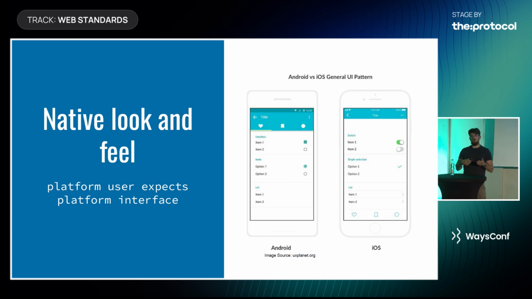Okay? So each platform's user expects slightly different behavior of a native application. We have things such as different checkboxes, different button layouts, and yeah, iOS users are used to iOS layouts, while Android users are used to Android layouts, material design based, we can think.